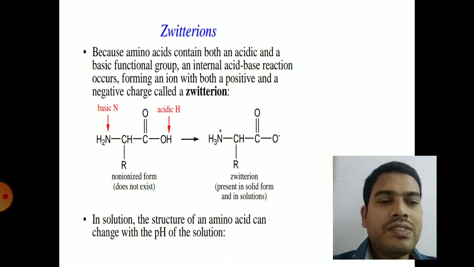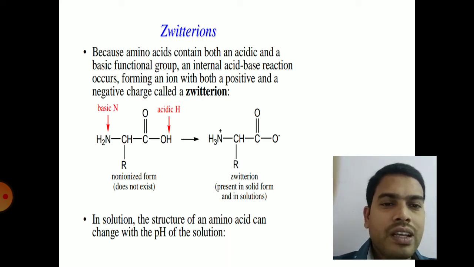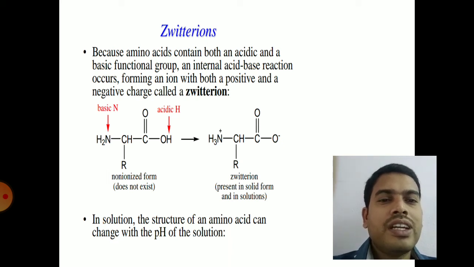But when these amino acids are dissolved in water, charges are developed on the carboxylic group and amino group due to internal proton donation from the carboxylic group to the amino group. So the amino group is converted into NH3+ and the carboxylic group into COO-. So the amino acid contains both positively charged and negatively charged groups. Hence, since it contains both charges, it is called a zwitterion.